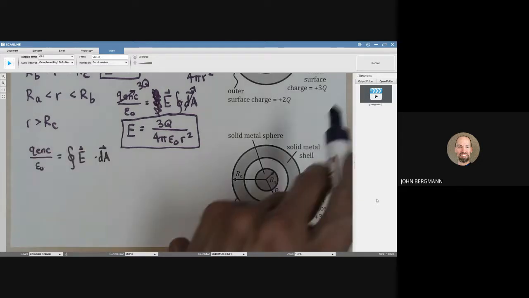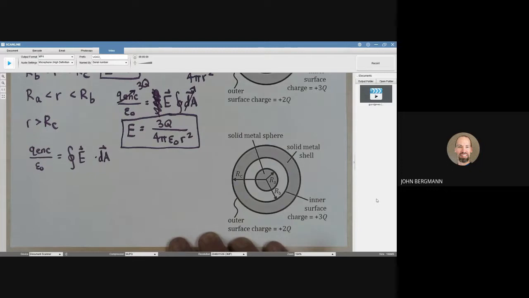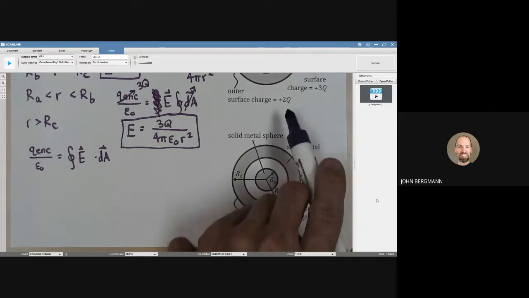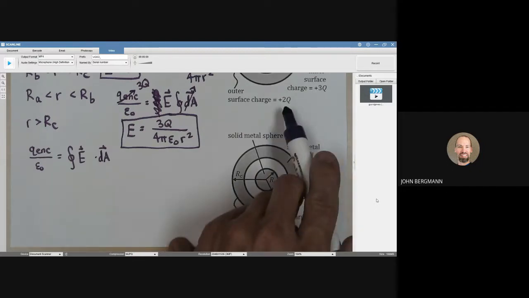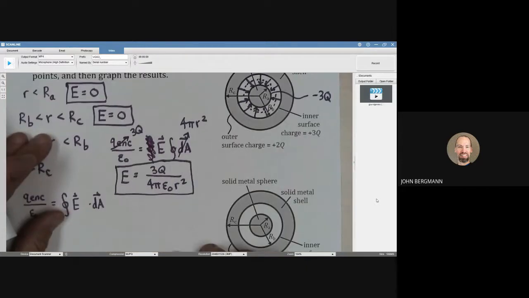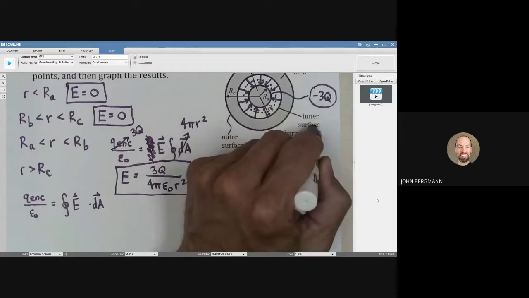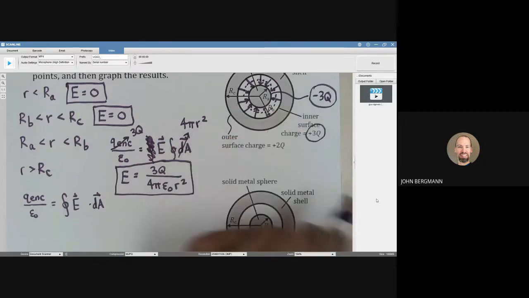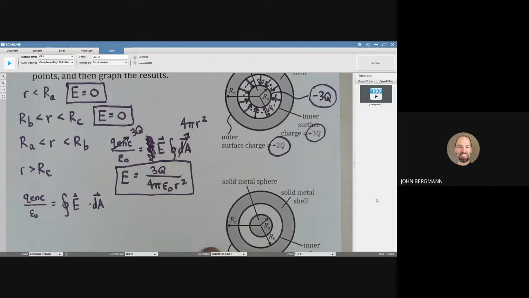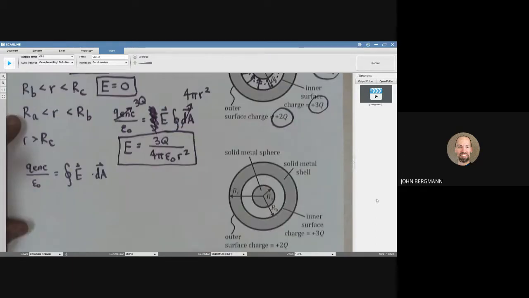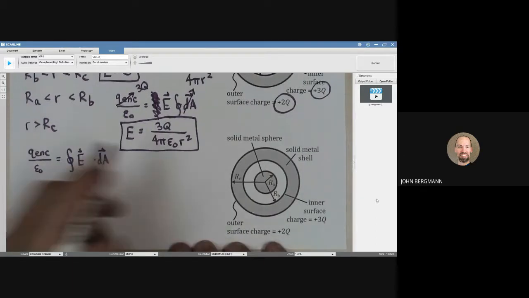What's the total charge that's enclosed here? The total charge that's enclosed is plus 2Q. I'll go ahead and circle that. This one has minus 3Q, this one has plus 3Q. Those cancel each other out. So the net charge that's enclosed when we're on the outside is positive 2Q.